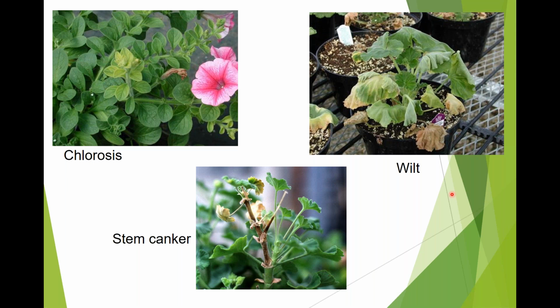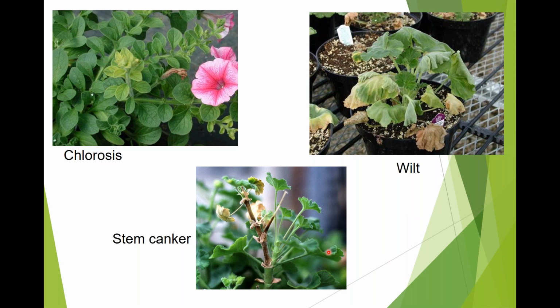Flaccid leaves, collapsing leaves, soft to the touch and often off color, kind of grayish. That's what we mean by wilt. It's not strictly a downward curling, because you can have downward curling, but the leaves stay firm, and that's a different kind of symptom. With wilt, the leaves are flaccid. They clearly are under water stress.